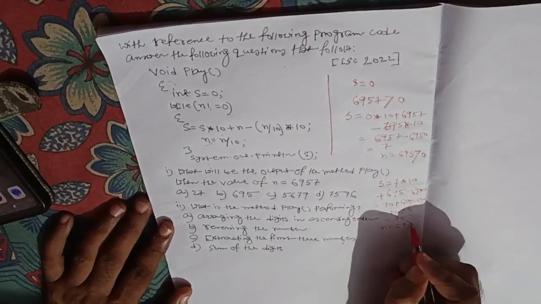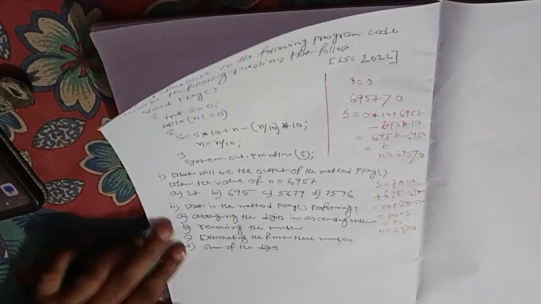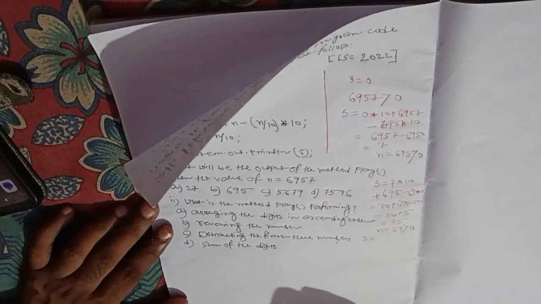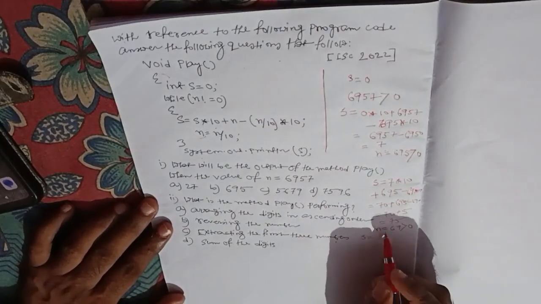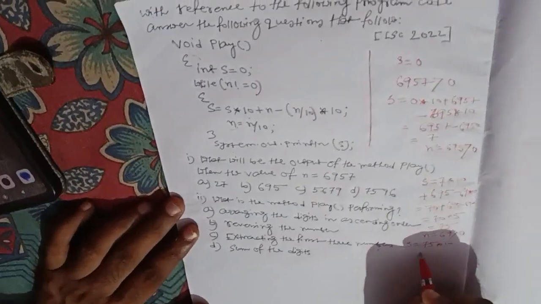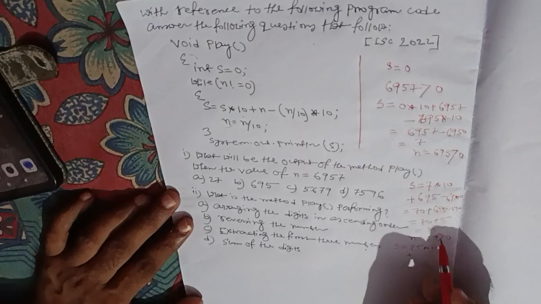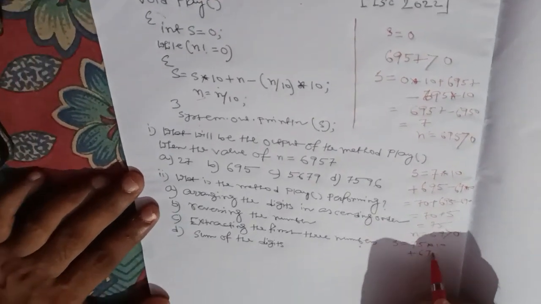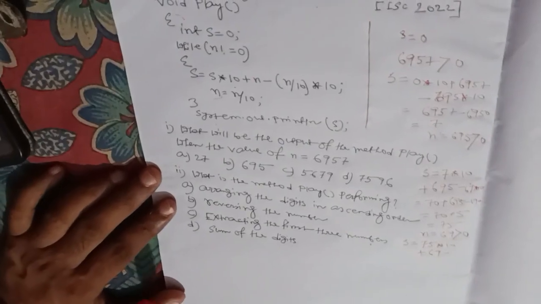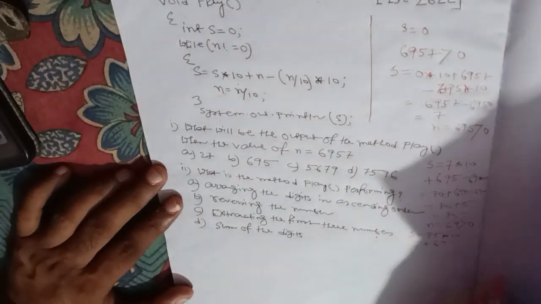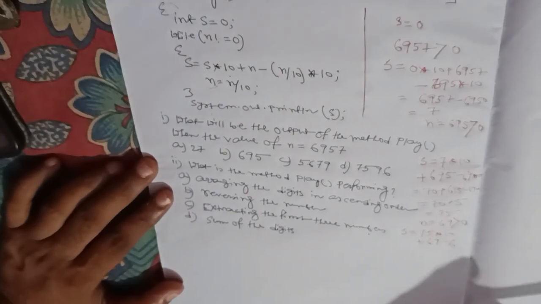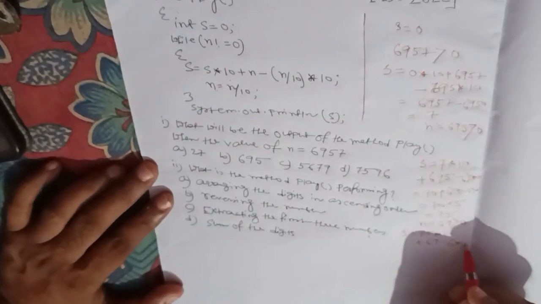Now n is 69. 69 is greater than, of course, 0. So it will enter into the loop. We will calculate the value of s again. So the previous value of s 75 into 10 plus n equal to 69 minus n by 10. By dividing 69 by 10, we will get quotient 6 and remainder 9. 6 into 10.